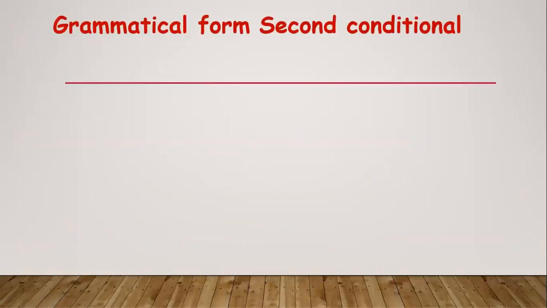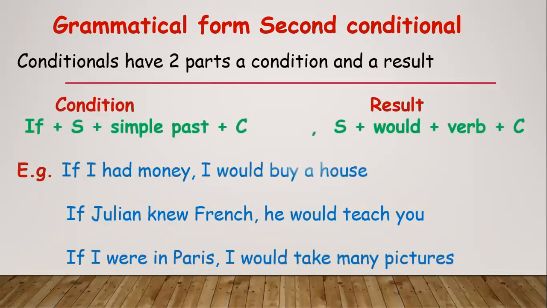Okay, so what is the grammatical form for the second conditional? That is the topic that we are focused on in today's video. So as I told you, conditionals have 2 parts, a condition and a result. Both are clauses, independent clauses or independent sentences, okay?